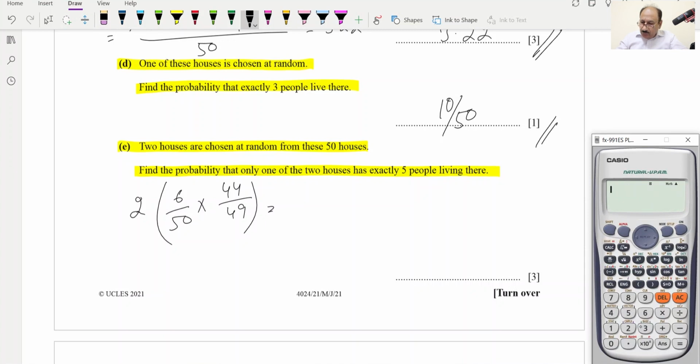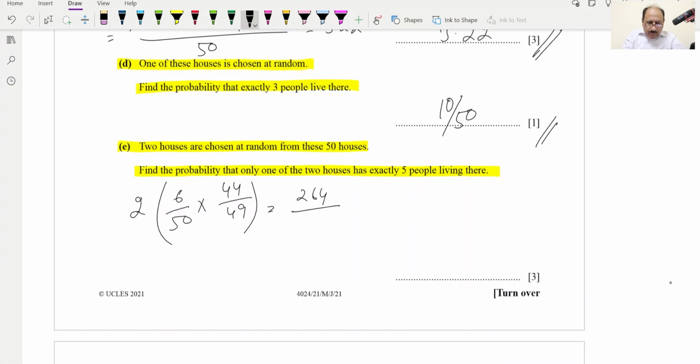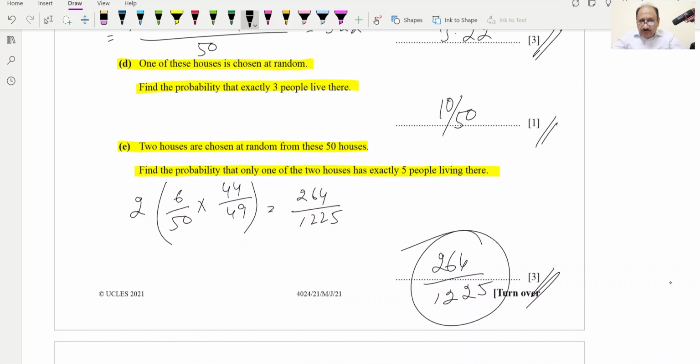This will be 2 into fraction 6 over 50 multiplied by fraction 44 over 49, and this will be equal to, we can write in fraction, 264 over 1225. So 264 over 1225, this will be the final answer for 3 marks.